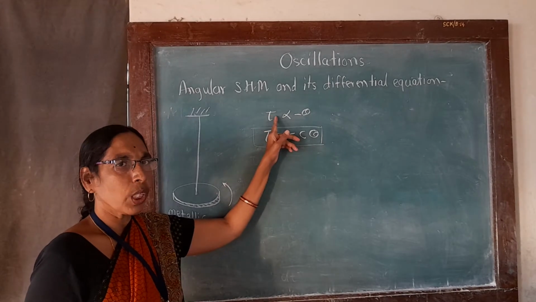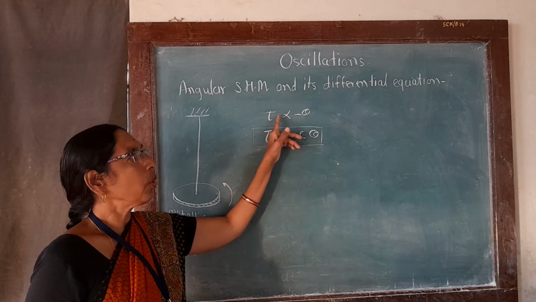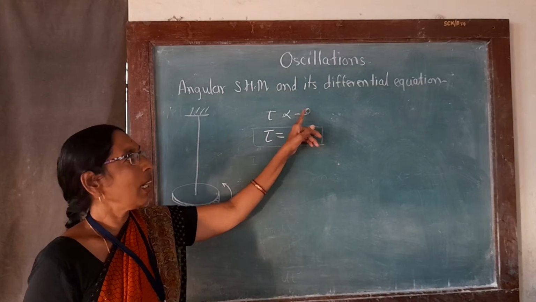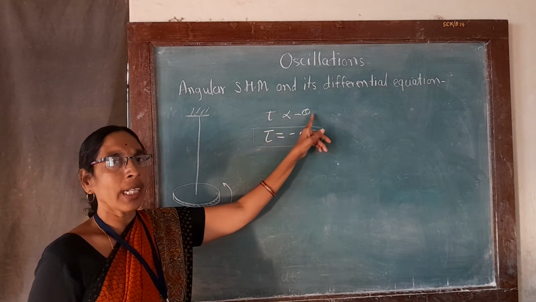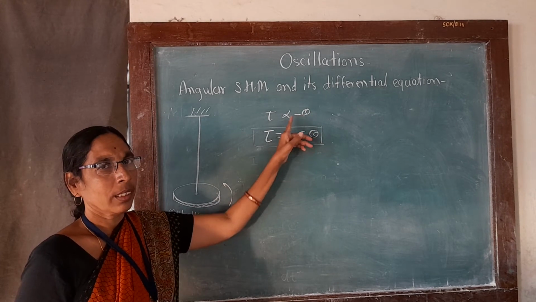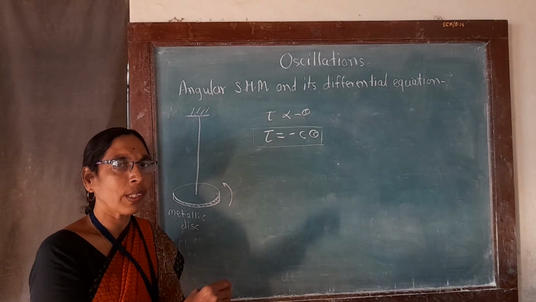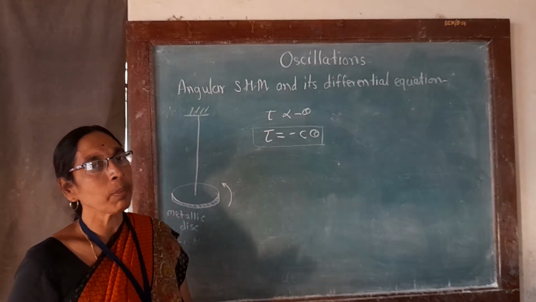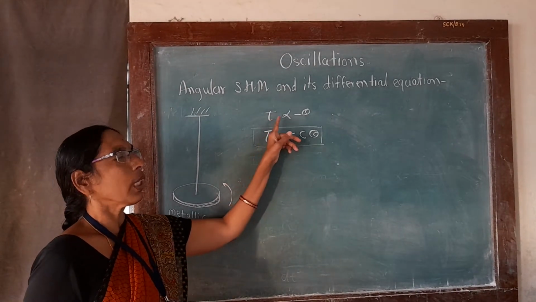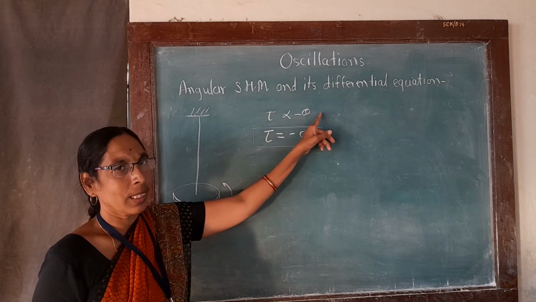That means restoring torque, its magnitude, is directly proportional to angular displacement theta, and this restoring torque and angular displacement are opposite in direction. That means if torque is in clockwise sense, displacement will be in anti-clockwise sense. So restoring torque is proportional to minus theta.